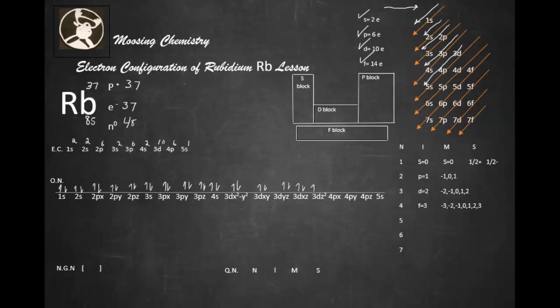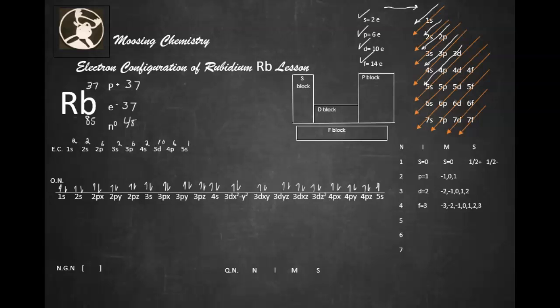This is really easy. And the same thing with the 4px, 4py, 4pz. Look how easy this is. Now we're down to 1 electron left, and we go up with the 5s.